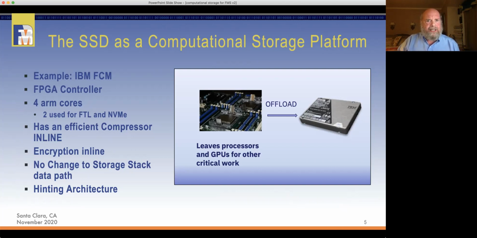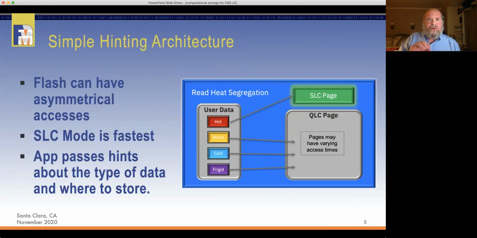The hinting architecture is an example of a categorization of data, allowing the storage stack to categorize data, and in this case it categorizes by heat. So data that the operating system believes will be accessed more often is given a hot temperature, and the SSD is told that it is hot and will be accessed more often.